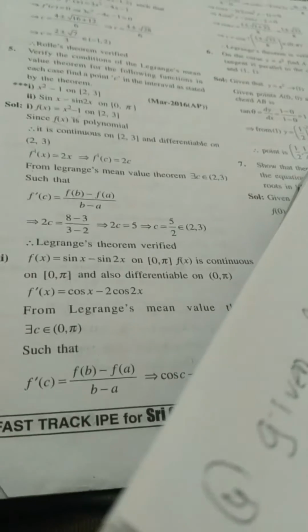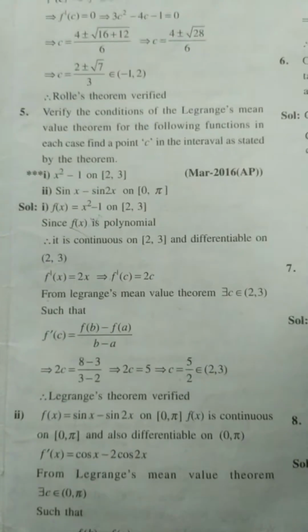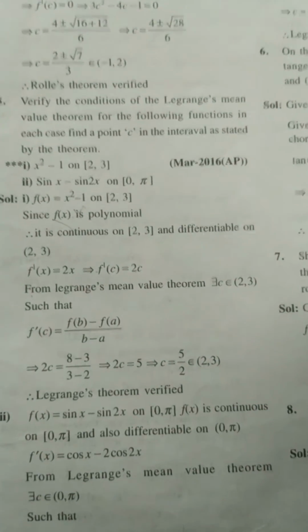Verify the conditions of Lagrange's mean value theorem for the following functions, and in each case find the points of the theorem. The first question is f(x) = x² − 1 on [2, 3].